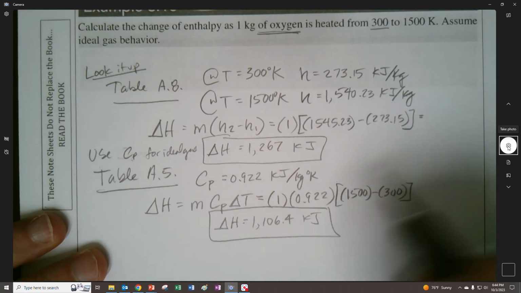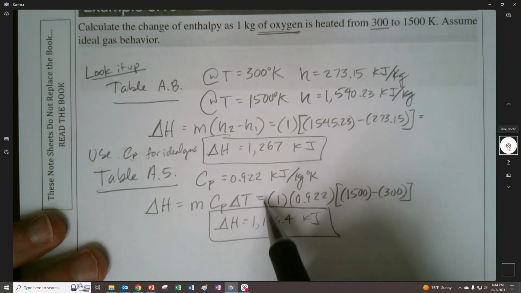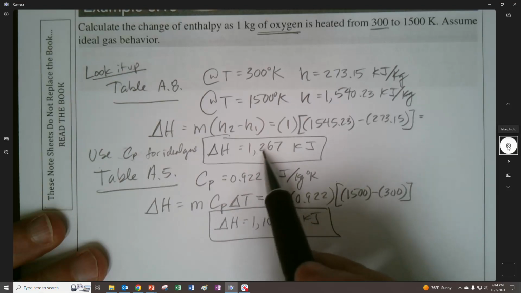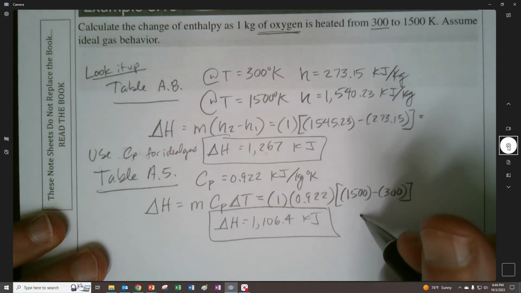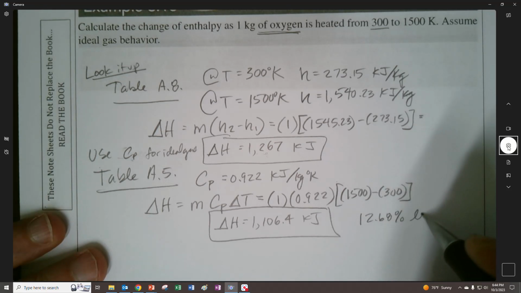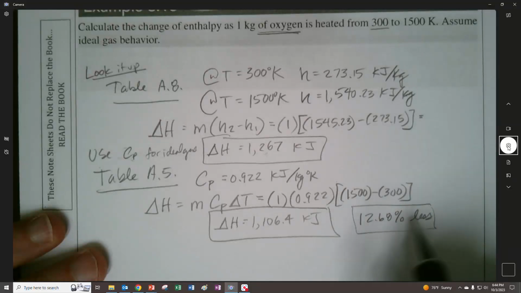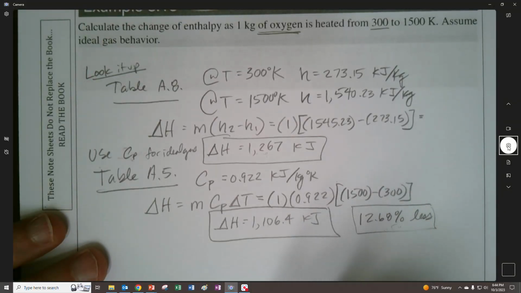If we use this as the baseline, subtract this from that and then divide by this, we find that we're 12.68% less. That's an important thing to note, a pretty big difference, right?